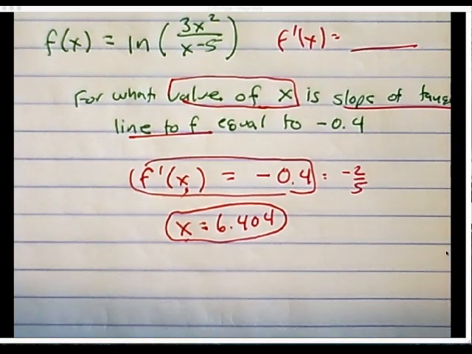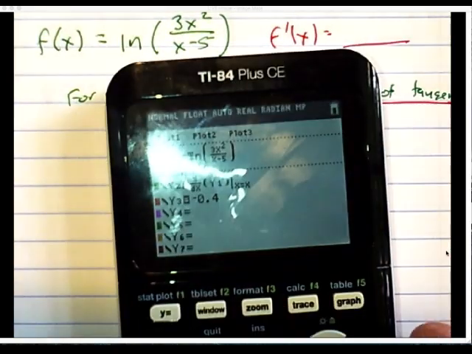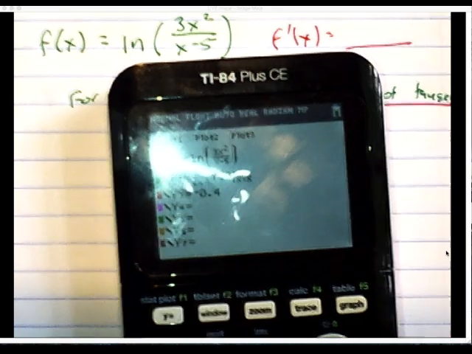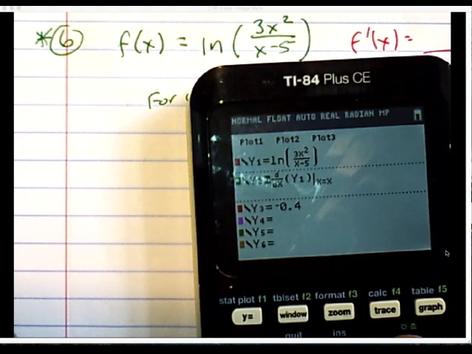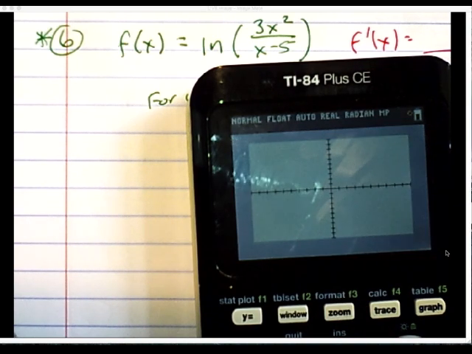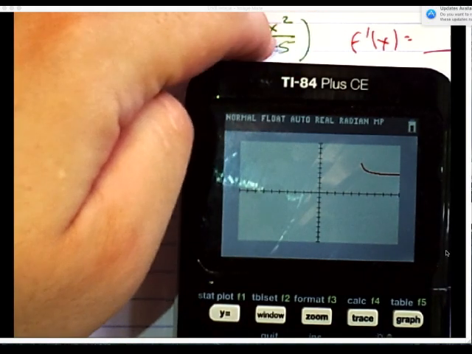Now here's a way we can verify it. I'll show you a way to verify it. Let's turn off the derivative graph, and let's turn off that negative 0.4 line. Let's turn back on the original function. Let's just go zoom standard. So what's coming up now is going to be the original function. So that's this function right here.